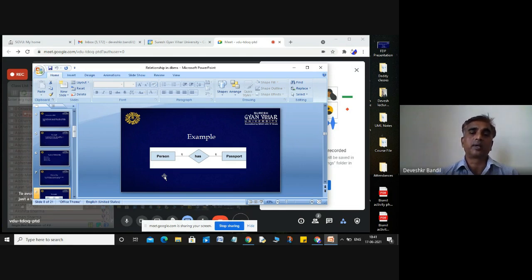So here person is one entity, and passport is another entity. And has is the relationship between the two entities, between the person and the passport, and that is a one-to-one relationship, because every person has only one passport. That's why you can say this relationship is one-to-one.